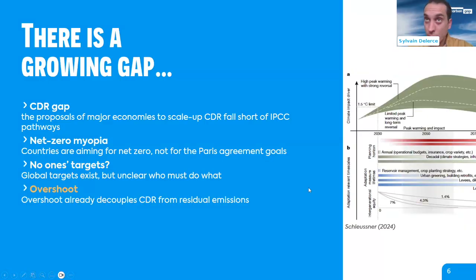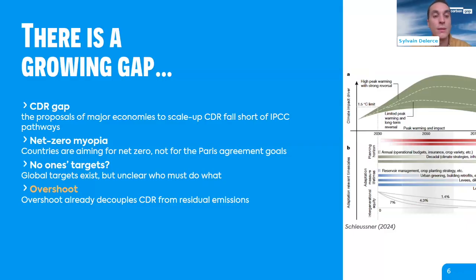Then another element of context is the fact that with emissions still growing and the remaining carbon budget being exhausted, we are progressively and quite fast reaching the point where we might enter overshoot, at least for the 1.5 degrees objective.